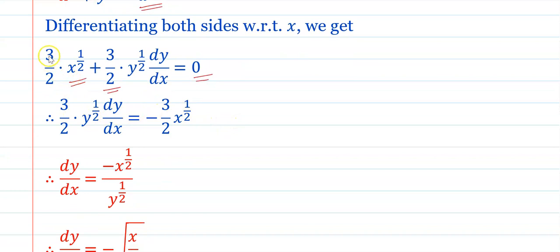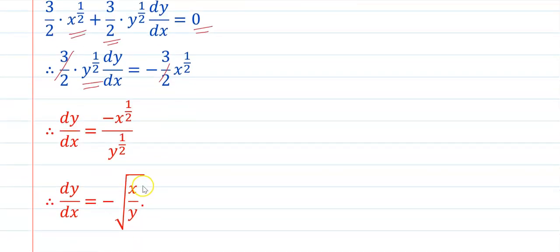Again on both sides 3 by 2, 3 by 2. Transfer this 3 by 2 into x raised to 1 upon 2 to the right hand side, it will become minus. The 3 by 2 here will get cancelled. And therefore dy by dx is equal to minus x raised to 1 upon 2, and y raised to 1 upon 2 is multiplied here, so when it comes here it will be divided. And hence you will get minus.